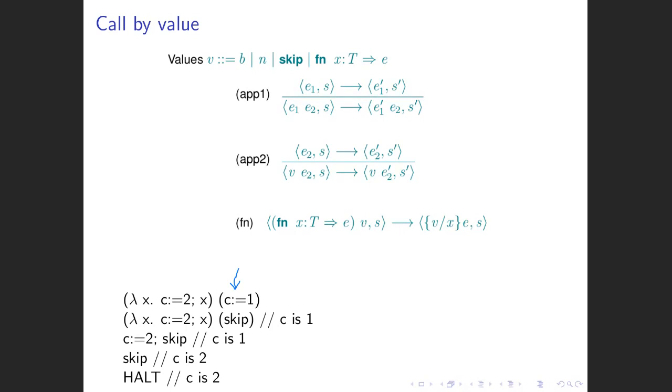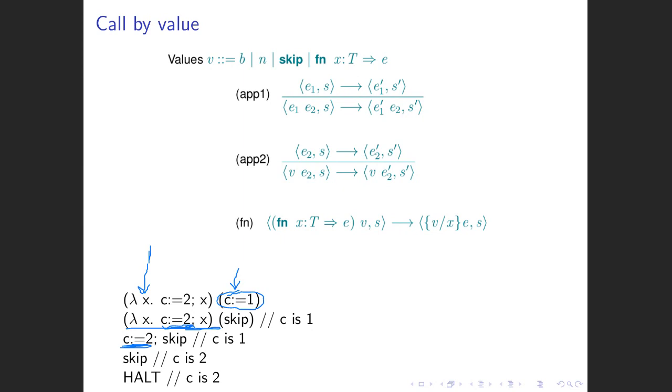Okay, so let's look at what happens in C then. At this point, the argument, let's say this is C, is going to take the value 1, yeah? So that means that x is going to take 1 in here. And so you're then going to execute the lambda expression. So this is going to have the command assign c equal to 2, so it's going to do c equals 2.